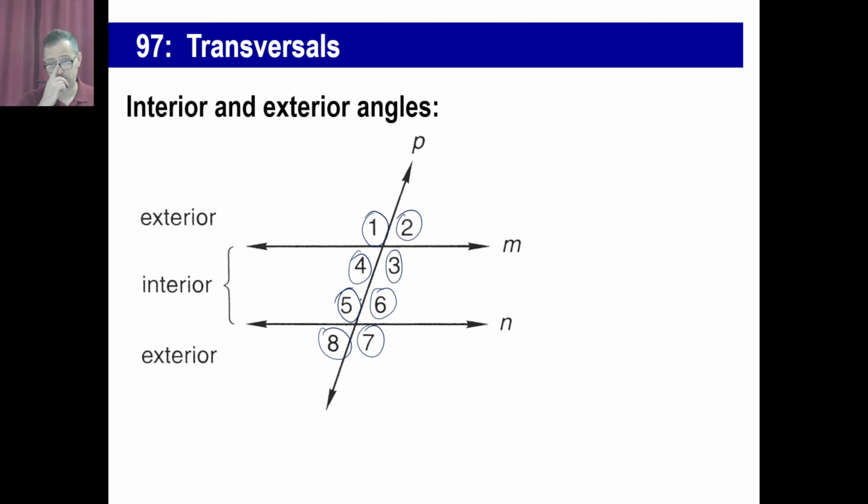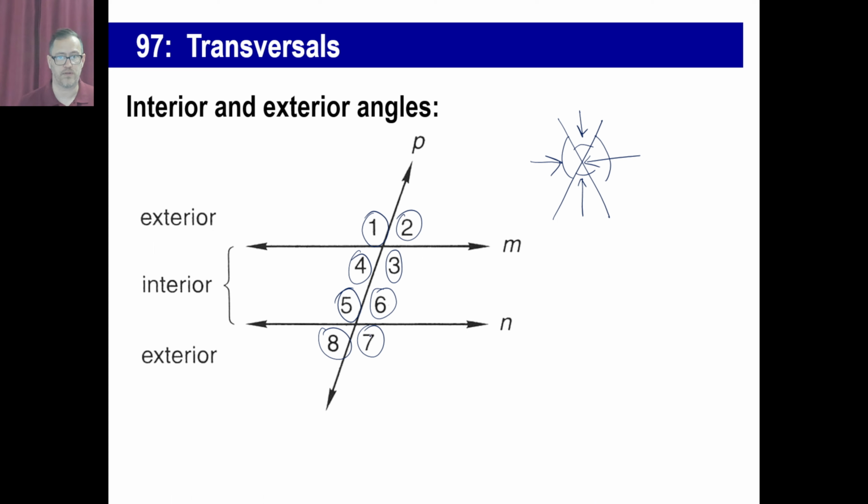Now, this is also true. When you have lines that cut across each other like this, in other words, they intersect, the opposite angles, in other words, this one and this one, are congruent. So in other words, this angle is the same as this angle. Also, obviously, this angle is the same as that angle. All right. So in other words, we could look at this and go, well, these are both parallel lines.